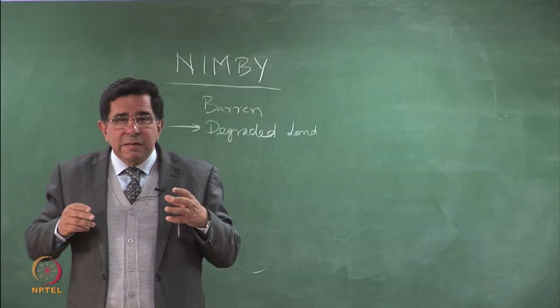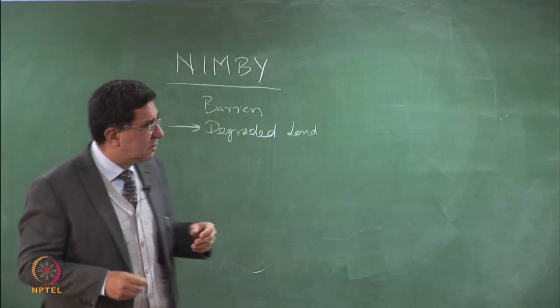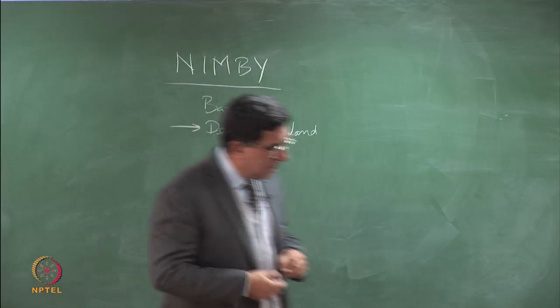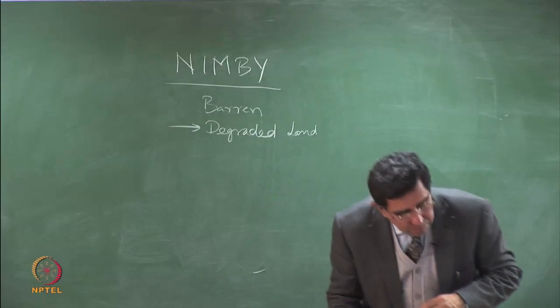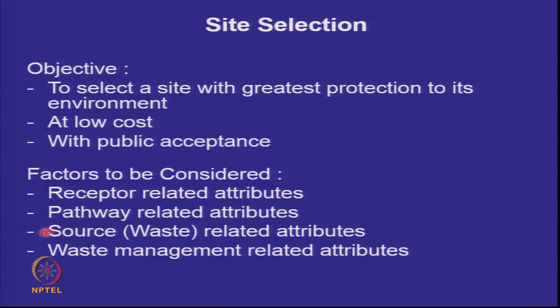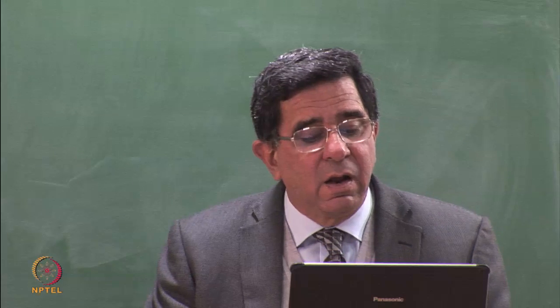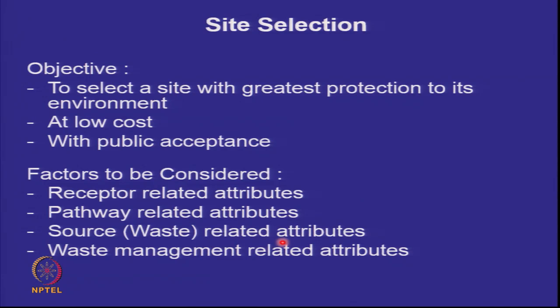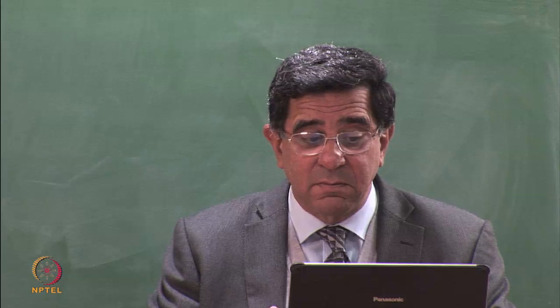So such parameters, that means receptor related parameters: how many people are adjacent to that site. Pathway related parameters: where is the groundwater table, where are the drinking wells, where is the river. Source related parameters: are you having a large waste dump or a small waste dump?